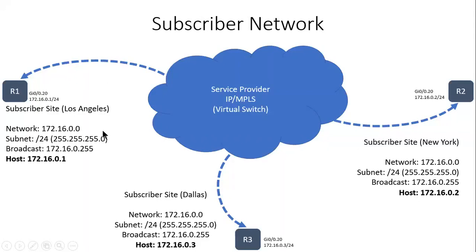The subnet mask for all three is going to be a /24, and the broadcast address for all three is going to be 172.16.0.255. The only difference is our host addresses. Los Angeles is going to be addressed .1, New York is going to be addressed .2, and Dallas is going to be addressed .3.